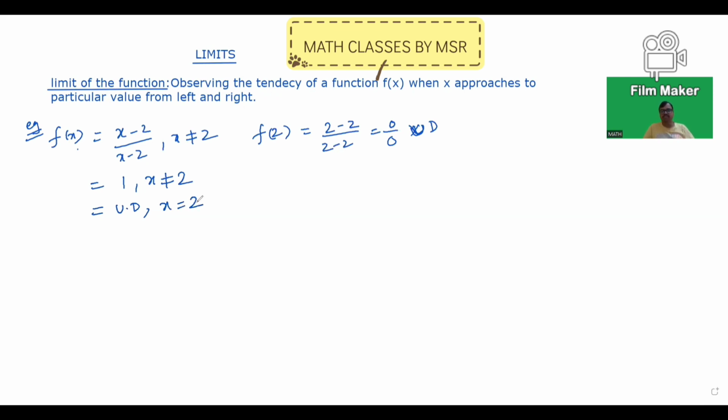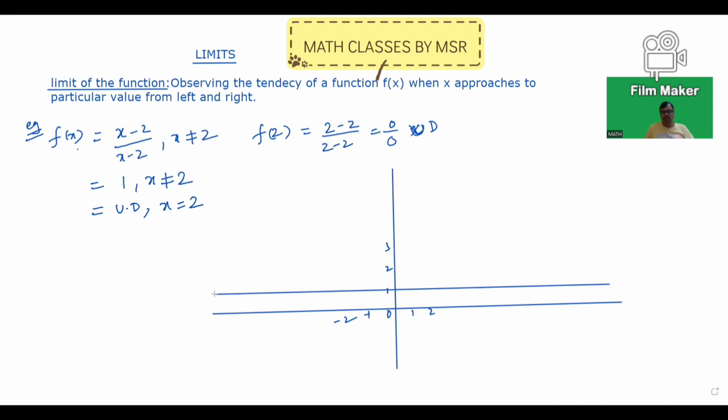Let us understand this through the graph. If you draw the graph, x-axis and y-axis, suppose 0, 1, 2. If you see the graph of f of x, it is always parallel to the x-axis, but at 2 there is no value.